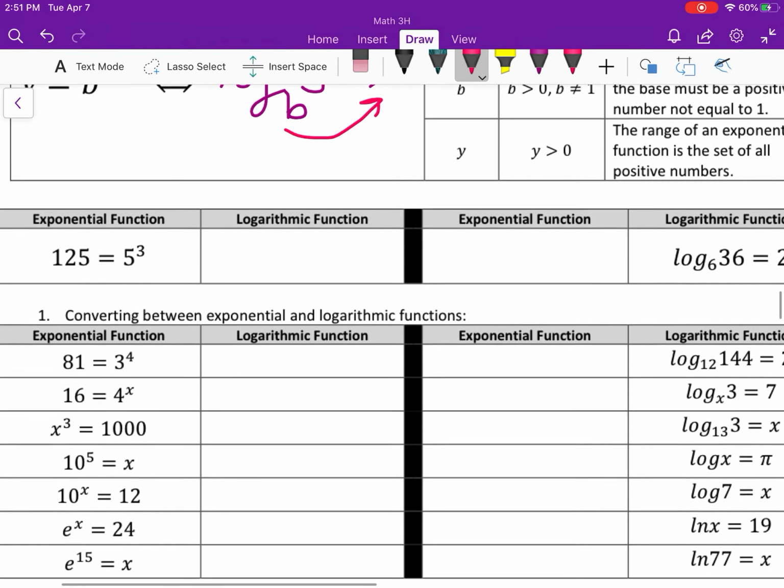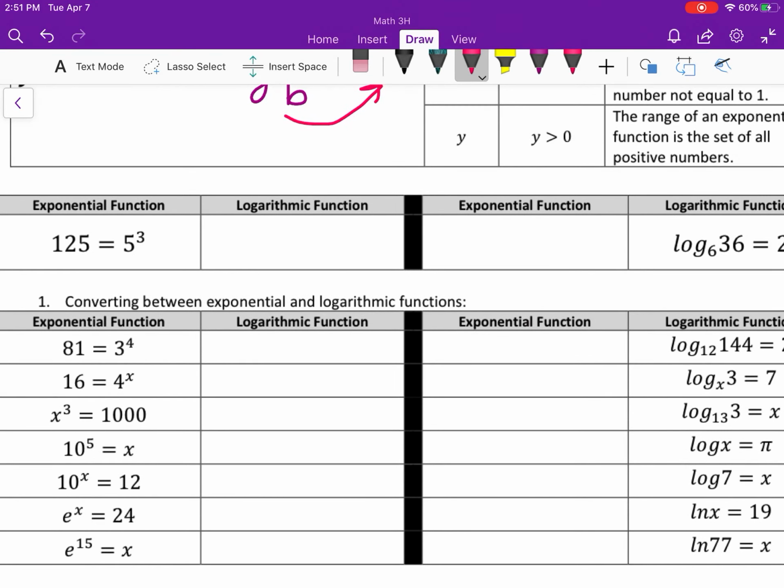Okay, so if we look at a couple of these, look at this first one. 125 equals 5 to the third. The logarithmic function, log. What's the base? 5. What's the actual answer? 125. What's the power? 3.